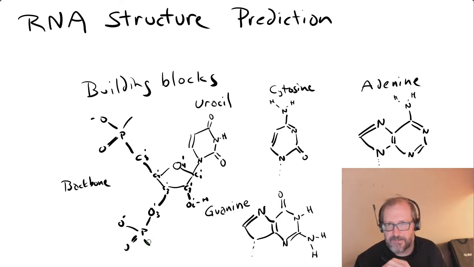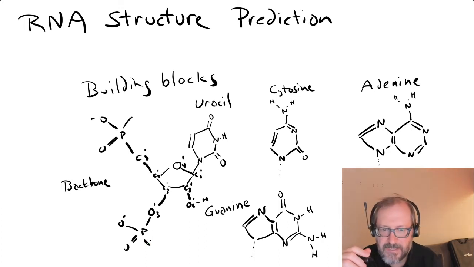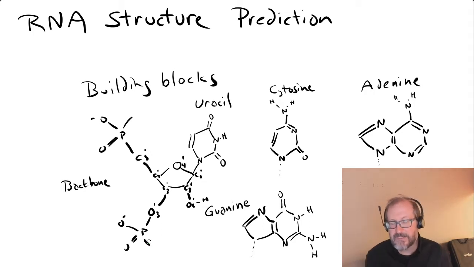You don't need to memorize the names of the atoms on the bases, but you should memorize the naming convention for the atoms in the backbone, including the ribose. And it's very simple. You start with C1 prime, which is where the chi bond, the glycosidic bond, starts, followed by C2 prime, followed by C3 prime, followed by C4 prime, and then up here is C5 prime.